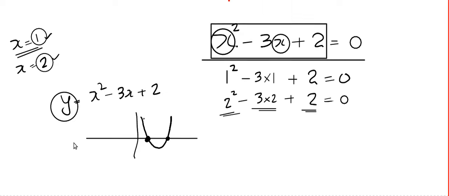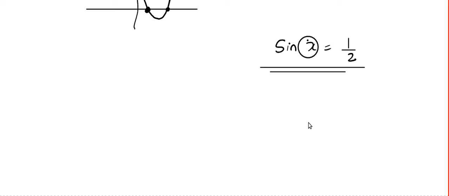Let's move ahead. You have seen linear equations, quadratic equations, maybe trigonometric equations. Now remember, trigonometric equations will have infinite solutions. This equation will be balanced by 30 degree, 150 degree, 390 degree, etc. There will be an infinite number of values.